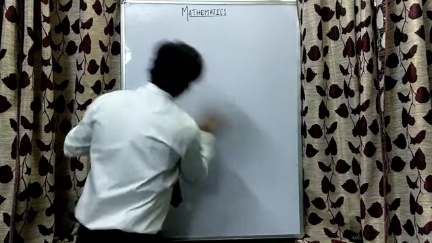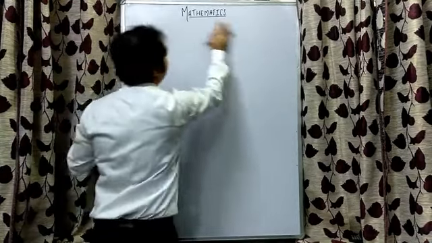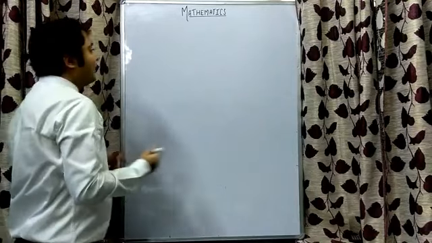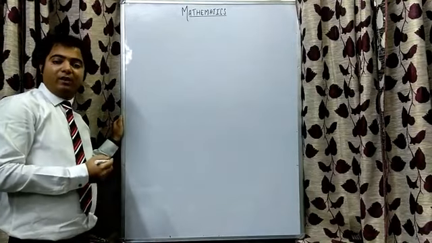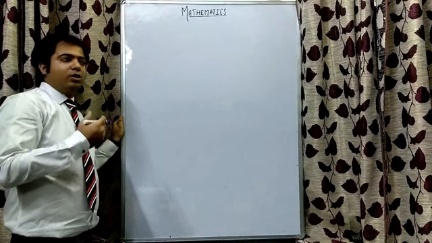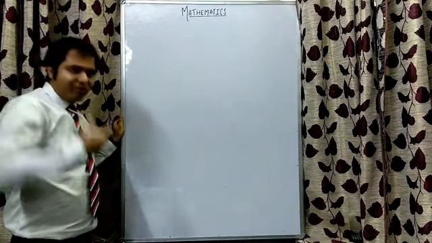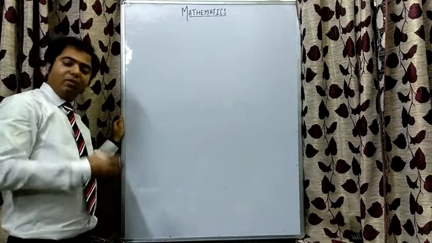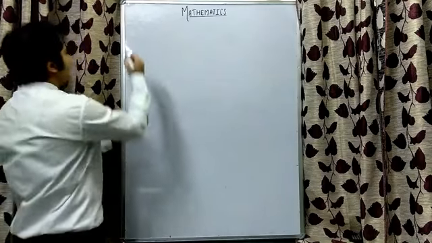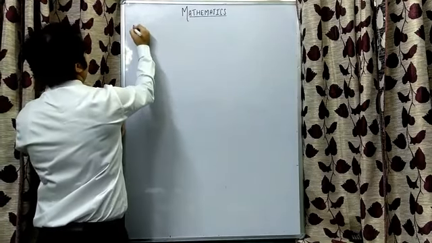Right? The first thing was to convert them into standard form. It is not compulsory to convert them into standard form, but it is preferred to convert the given rational numbers into standard form and then proceed.